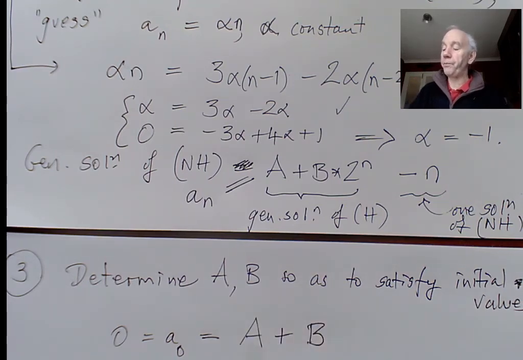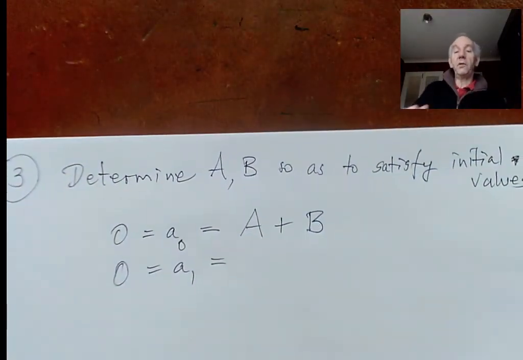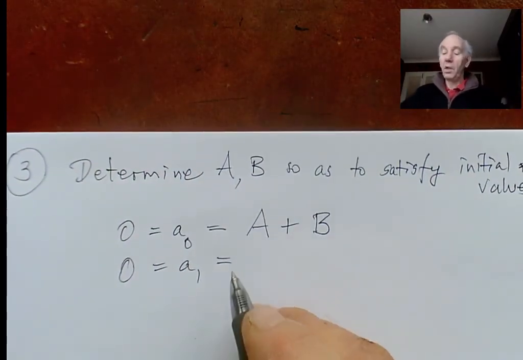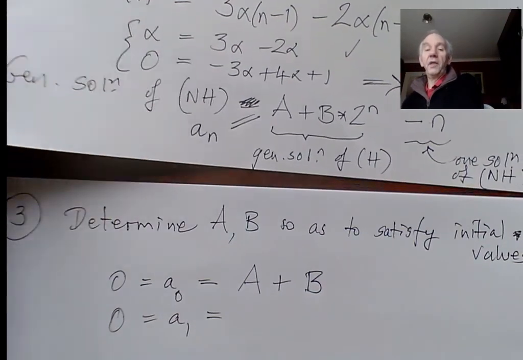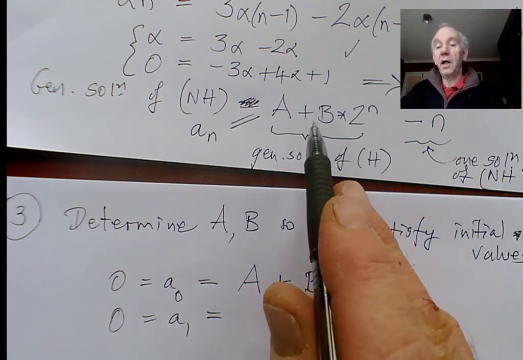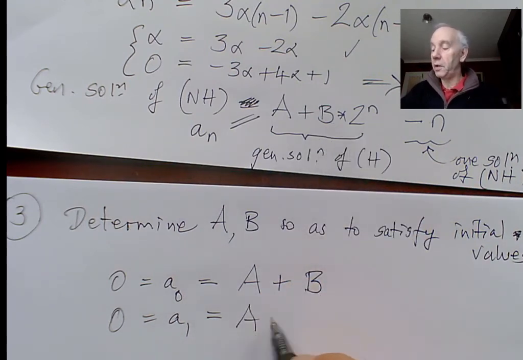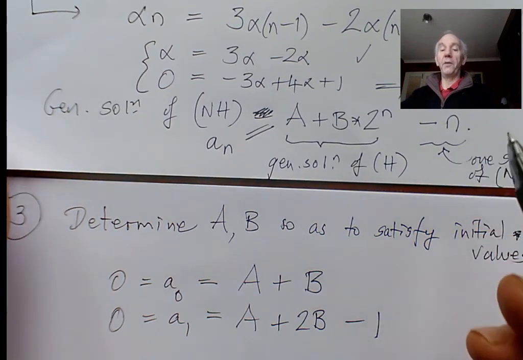And A1 we also want to be 0, but A1 is a bit more complicated. A1 is equal to A plus 2B, B times 2, which is 2B, and then we do have a minus 1, looking here when n is 1.